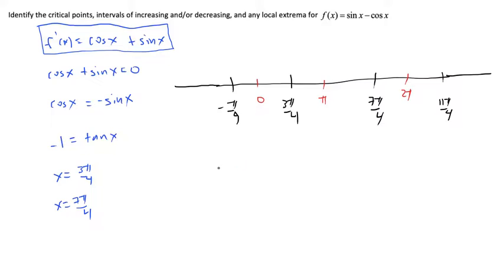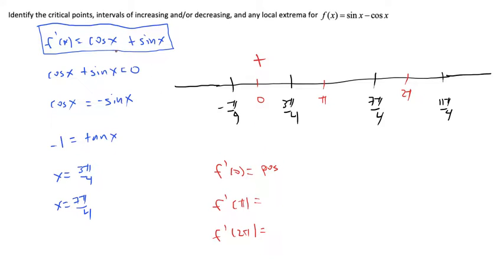So f prime of 0, f prime of pi, f prime of 2 pi, and see what's happening. What is f prime of 0? Cosine of 0 is 1, sine of 0 is 0. This is going to give us a positive result.